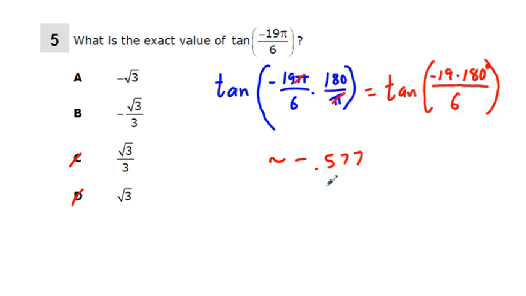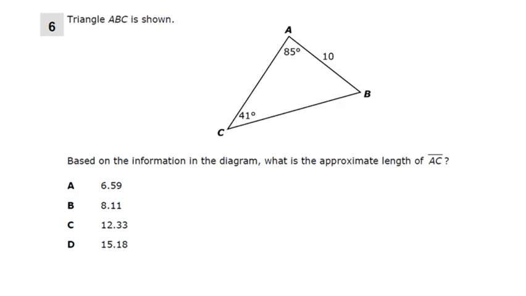Next, 6. Triangle ABC is shown. Based on the information, what is the approximate length of AC? And so we want this distance AC over here. What we are looking for in solving these types of problems is a known side opposite a known angle.